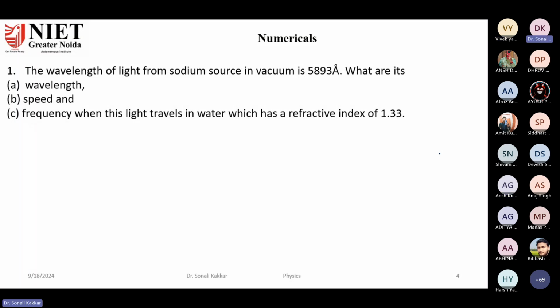There is a problem with the power of 10. Check the calculations. And frequency is 5.091 into 10 to the power 14 hertz. Correct.